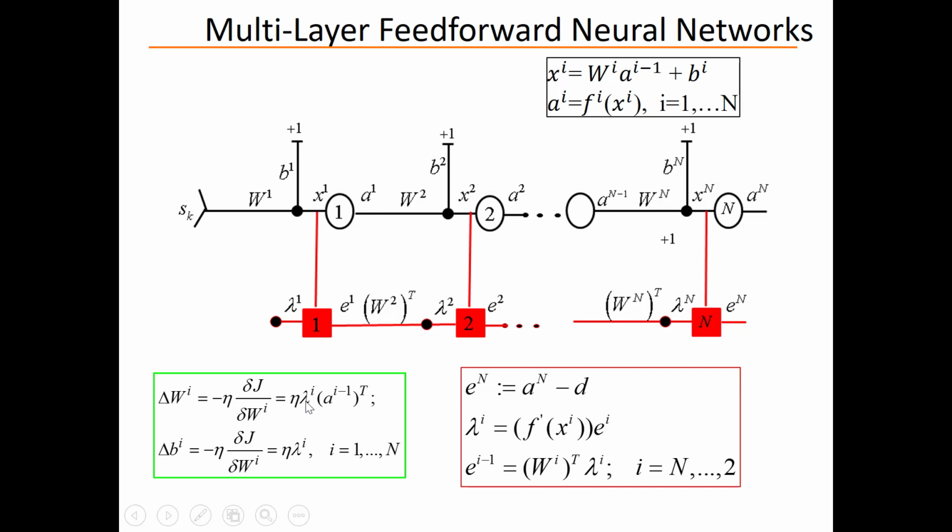So here lambda i, with the input to that stage, which is A to the i minus 1, updates this one. Remember, this S sub k we can relabel as A to the 0 to make it compatible with the equation. So we have compact equations.